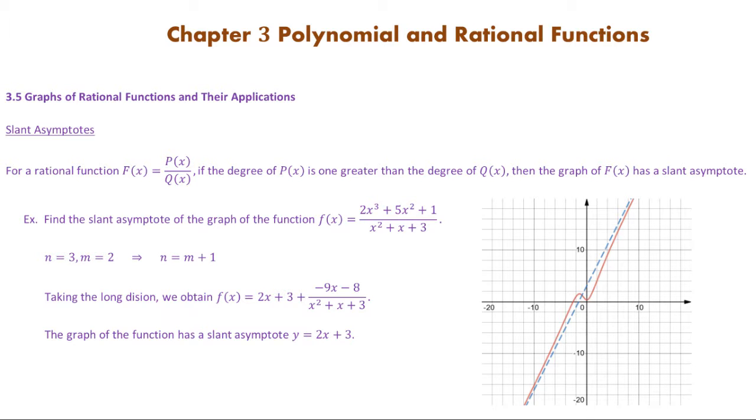So if you plot the graph of y equals 2x plus 3, you do get the linear function. If you draw it in the graph, you get a line of slope 2 and y-intercept 3. In showing the graph, we see the slant asymptote in broken lines, and then the curve in red.